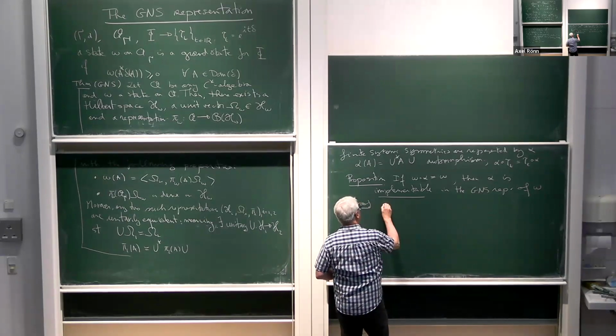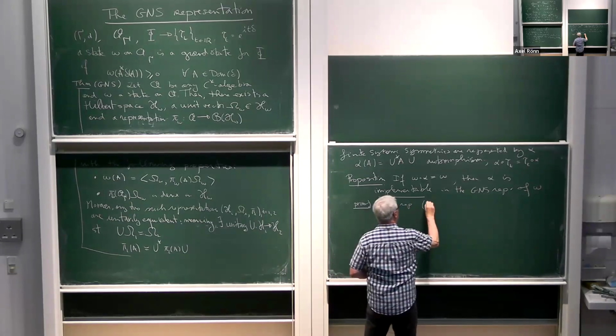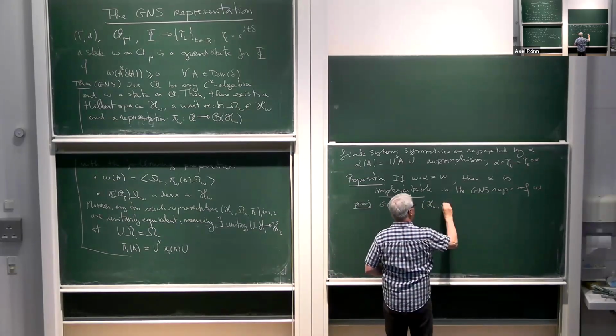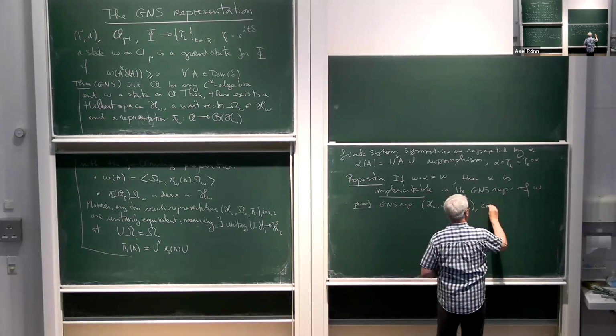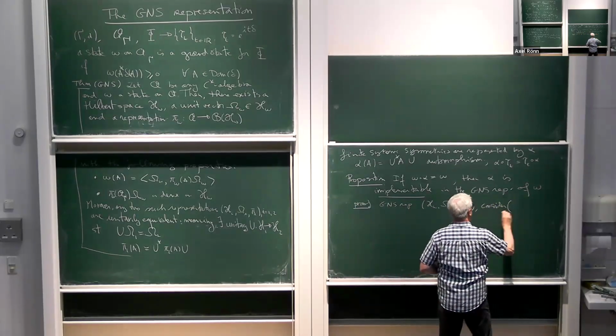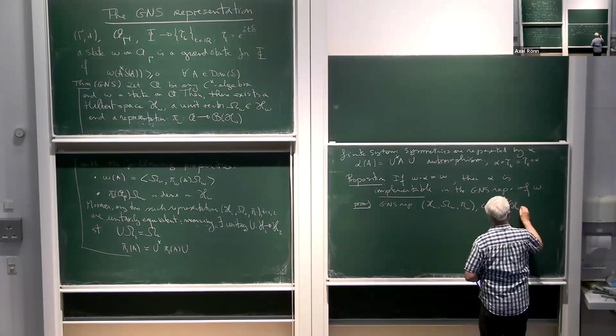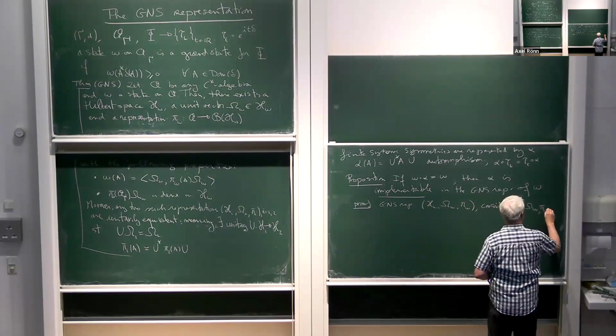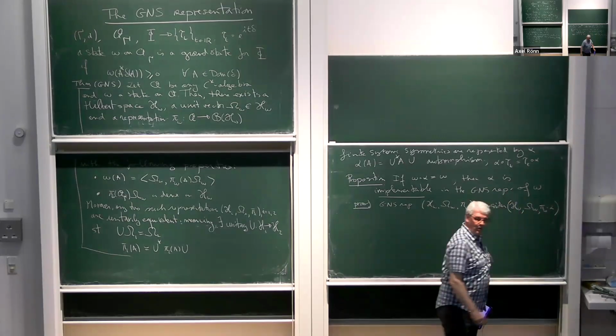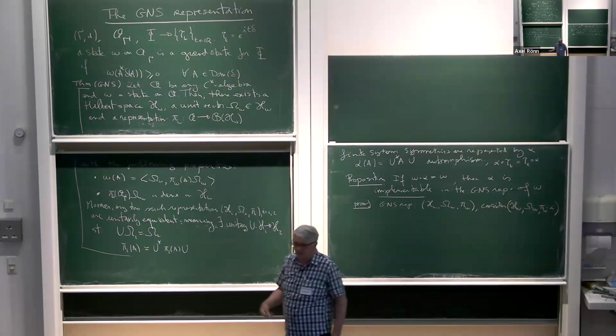So you have the GNS representation H omega, pi omega, and now consider another representation, same Hilbert space, same vector. If you compose the representation with the automorphism, it gives you another representation.